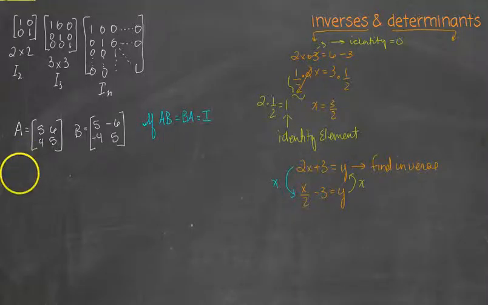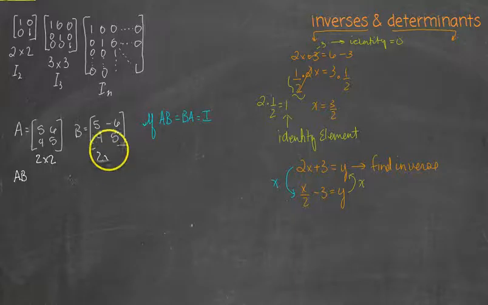So let's go ahead and set this up. The first time I'll do it using the shorthand of predicting the size and using addresses to find values for multiplication. I have a 2 by 2 matrix and another 2 by 2 matrix. So these two values are the same, which means they are multipliable. I can multiply them together, and the outcome is going to be a 2 by 2.